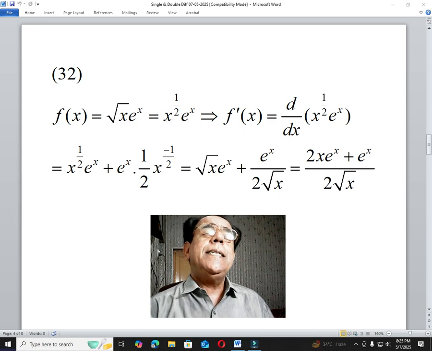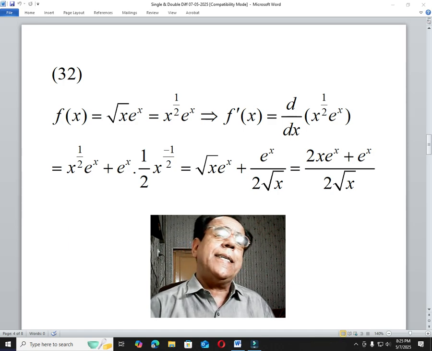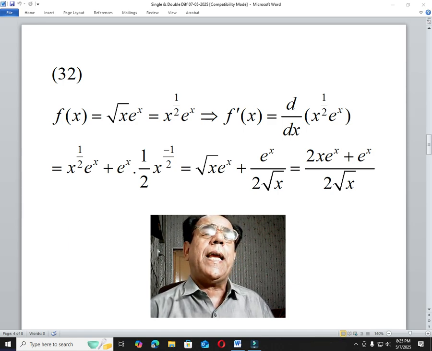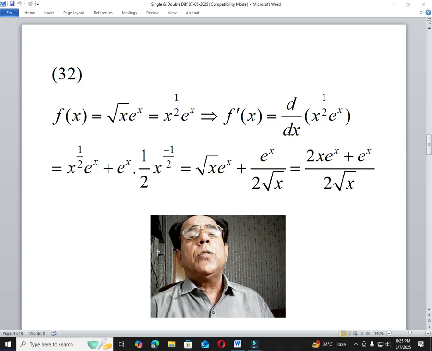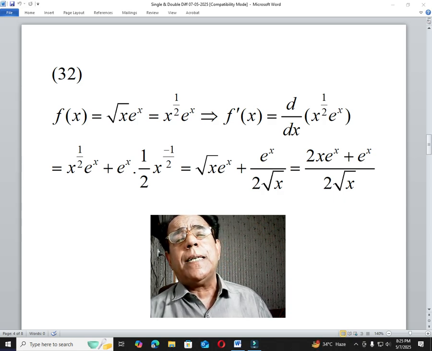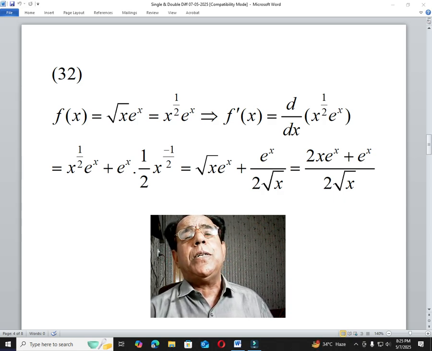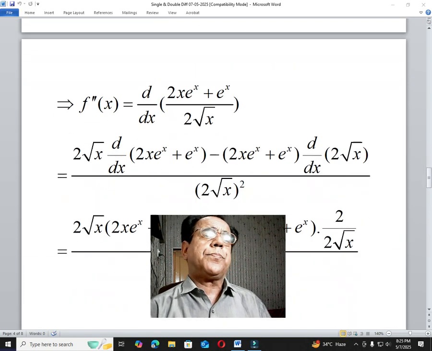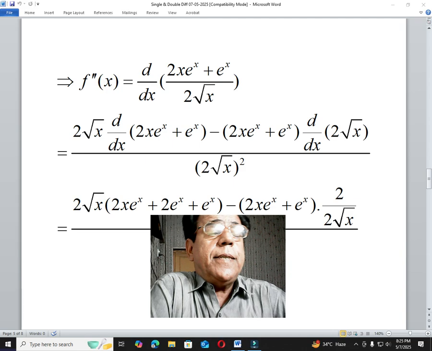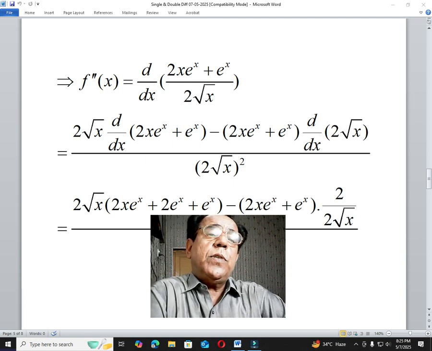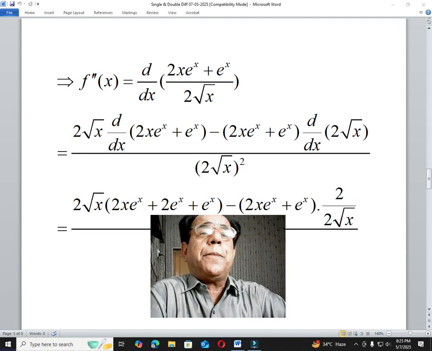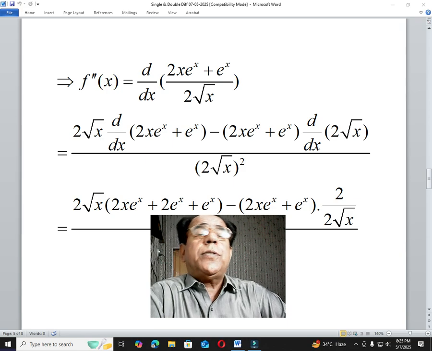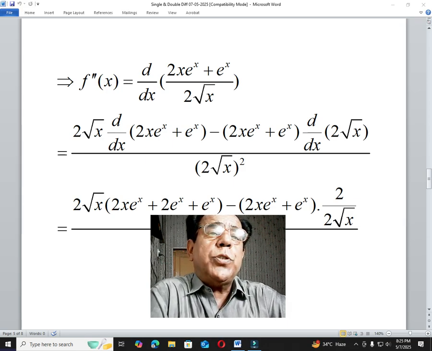Now in the next step we will find its second derivative, that is to say f double dash x. So when f dash x is equal to this, then f double dash x will be equal to d over dx into f dash x. Now dear students, here we are going to apply the quotient rule.